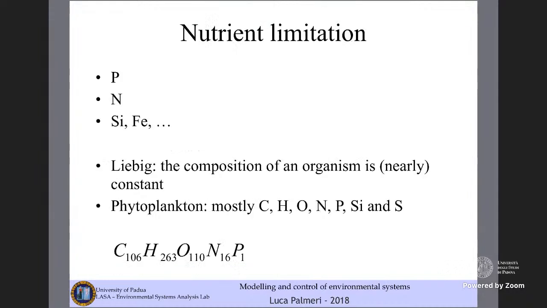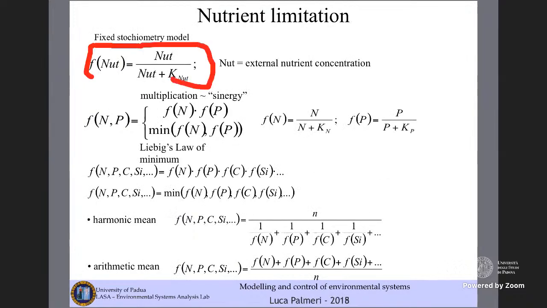This is the way that we typically describe nutrient limitation, so that the limiting function due to a nutrient is equal to the concentration of the nutrient divided by the concentration of the nutrient plus a constant K, called the semi-saturation constant.